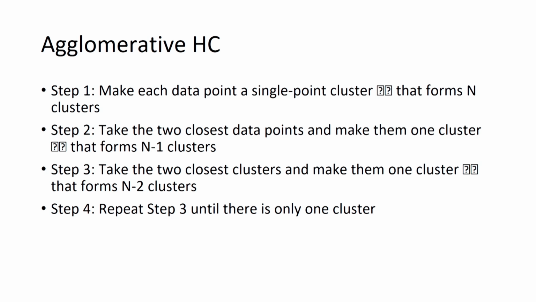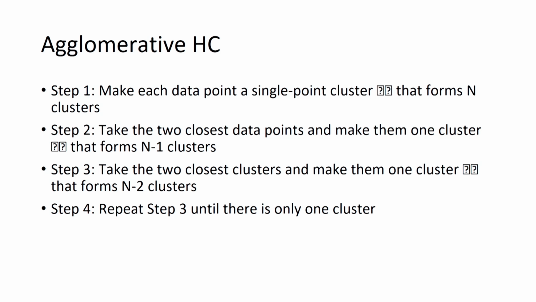Then in step 2 we will take the two closest data points and join them together to form a single cluster. After this step we will have only n minus 1 clusters, because the two closest data points merged together, and that is why one cluster is reduced. Earlier we had n clusters, now we have only n minus 1 clusters.